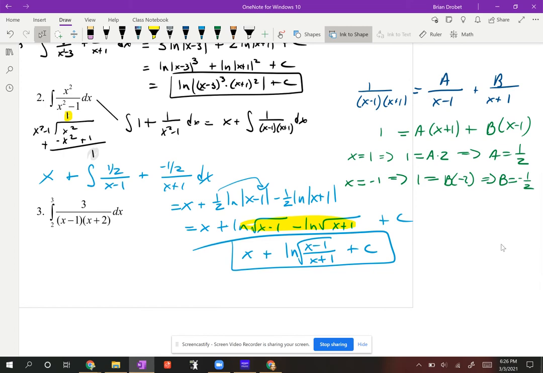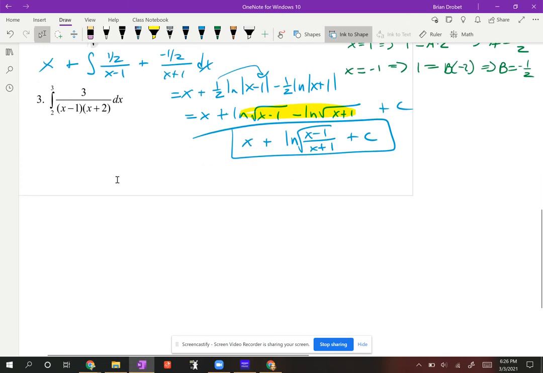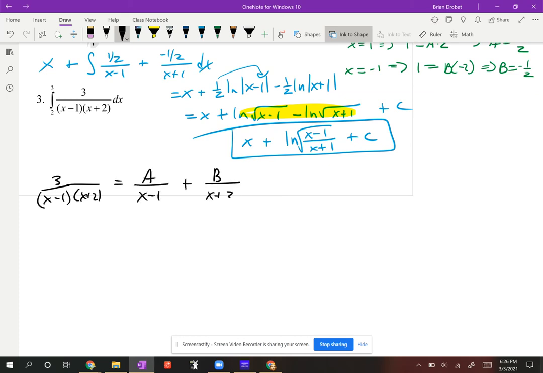All right. And then let's look at one more here. This is a definite integral. So I'm going to do my partial fraction decomposition, and then I'm going to have to apply the limits. So let's do the partial fraction decomposition first because it's already factored for me. So if we look at this, 3 over x minus 1 times x plus 2 is going to be equal to some a over x minus 1 plus some b over x plus 2. So we need to find the a and the b.